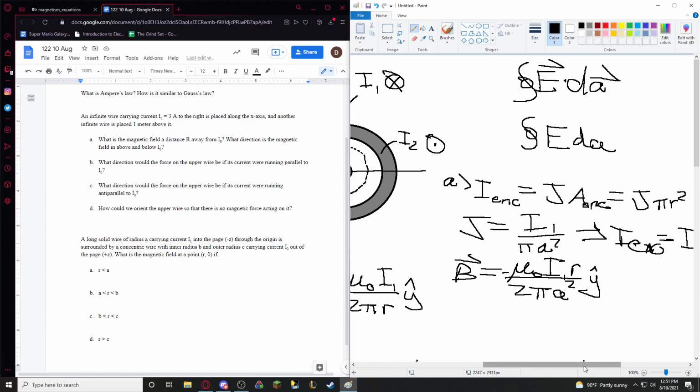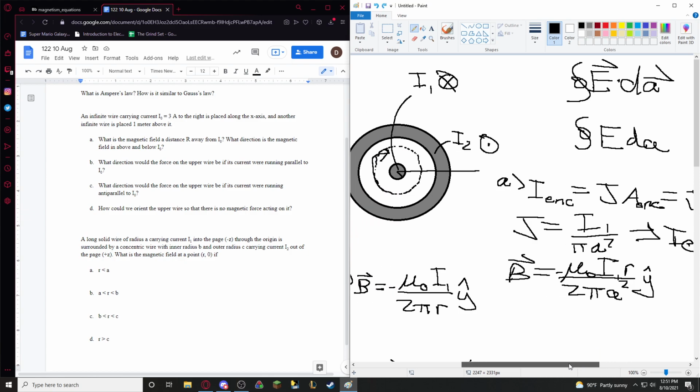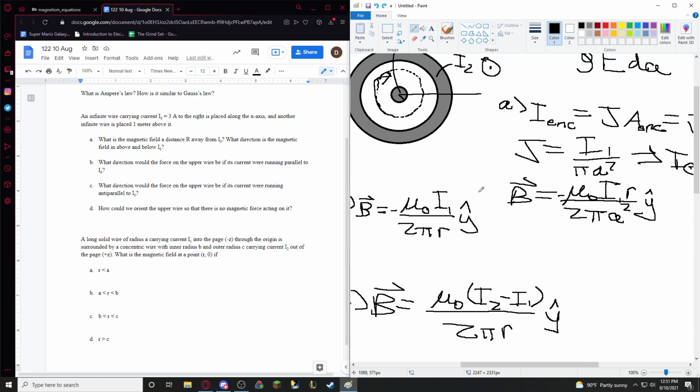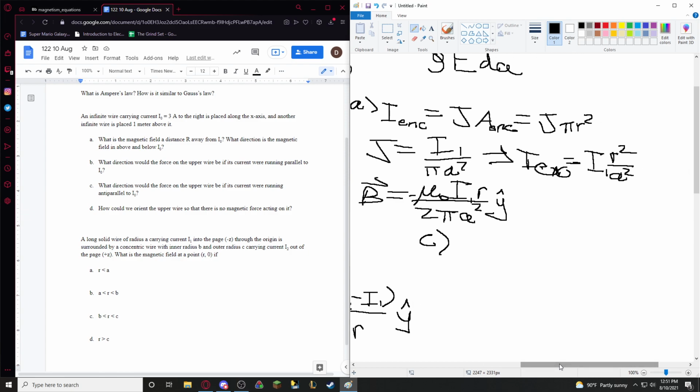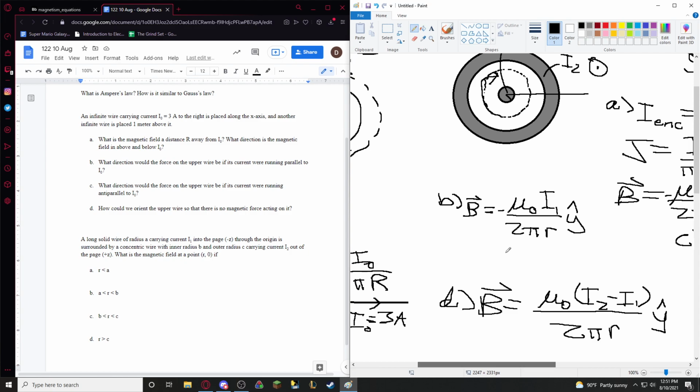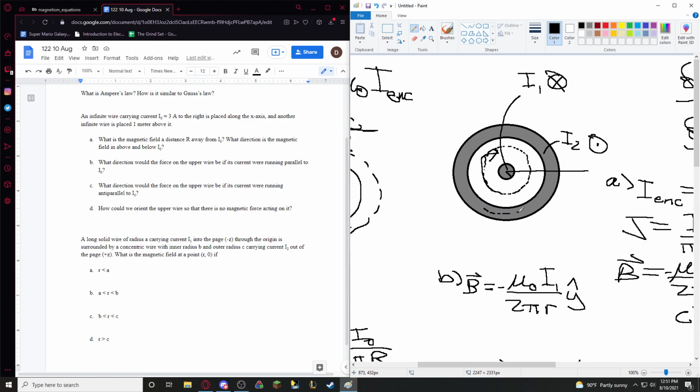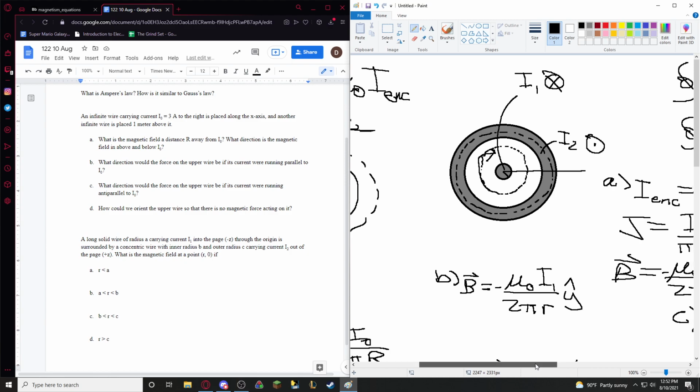Now we're going to get into the fun of this outer wire. We're going to have to find our enclosed current when we're somewhere in the outer wire, for example, right here. But we have to include I1 into this as well.